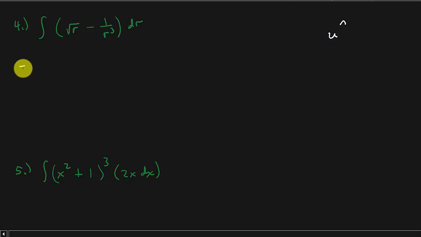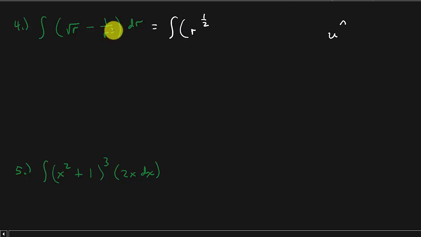All right. So the first thing that we're going to need to do is make these two terms look like this. And so we need to rewrite the problem. So let's see, we got a square root, but isn't that 1/2 power? You see that? We're just rewriting the square root in exponential form.